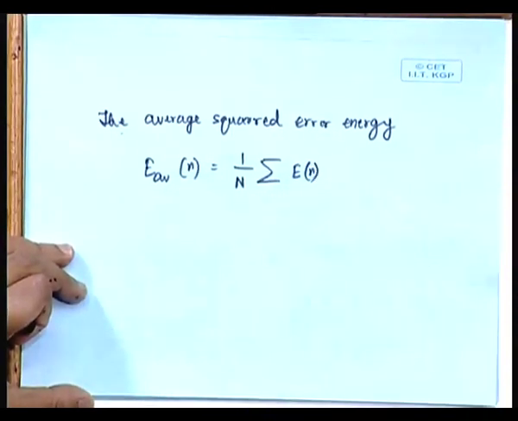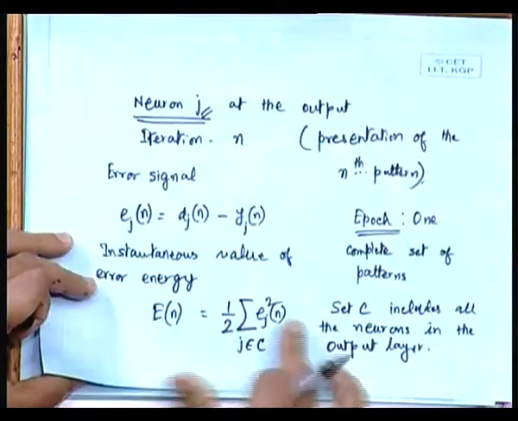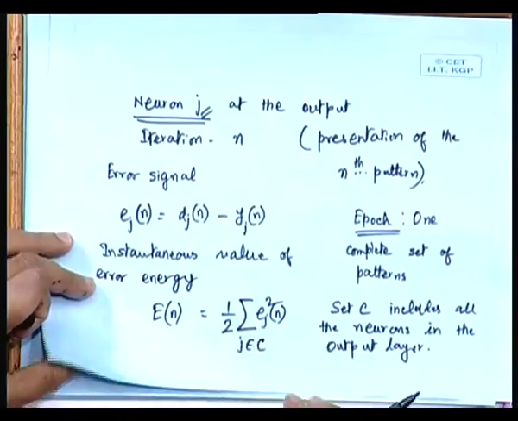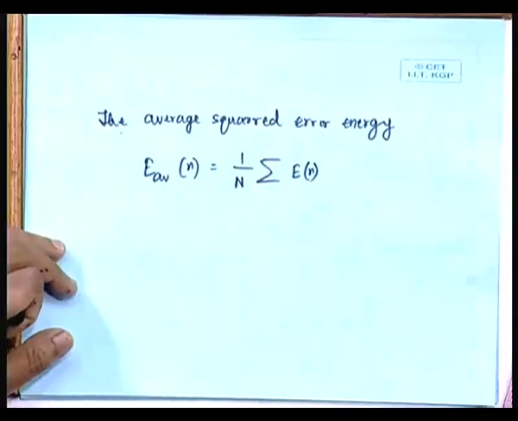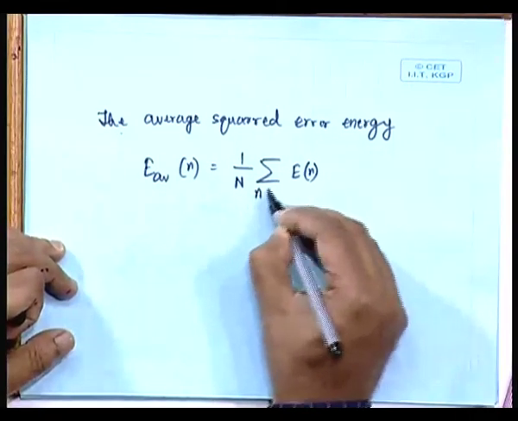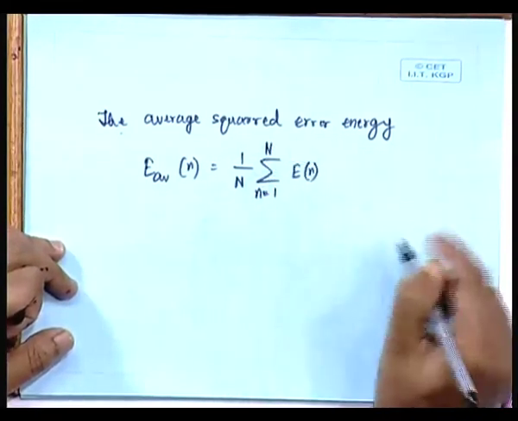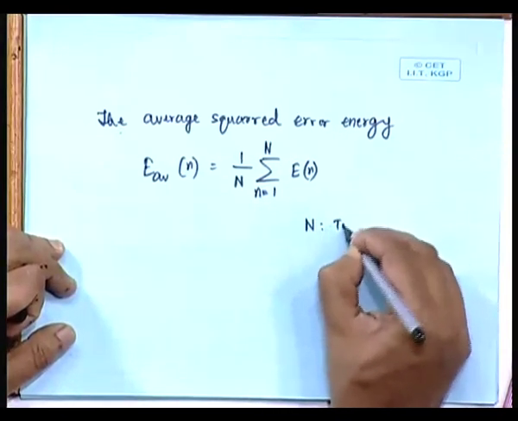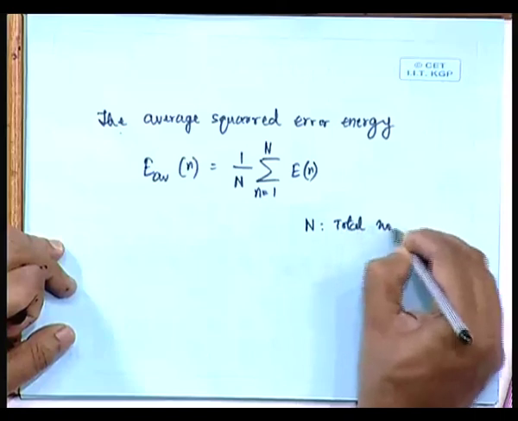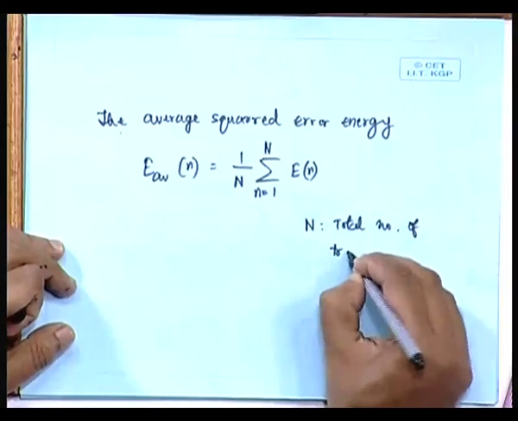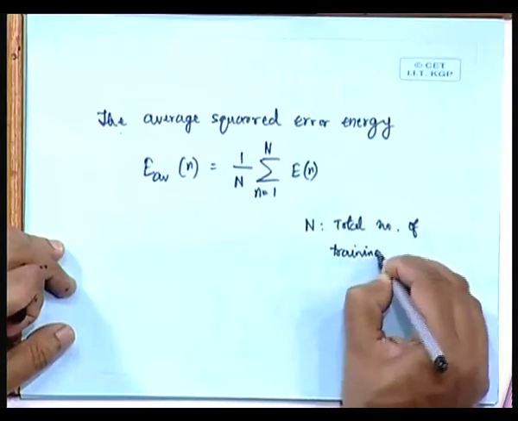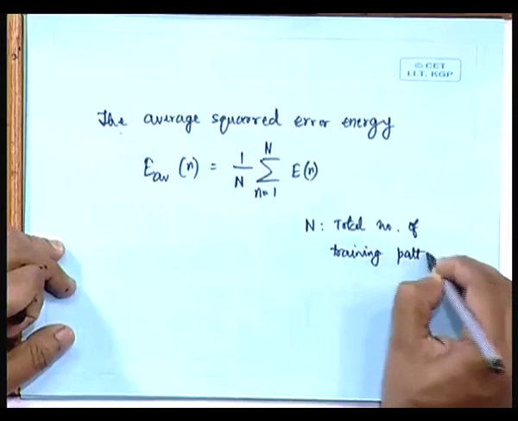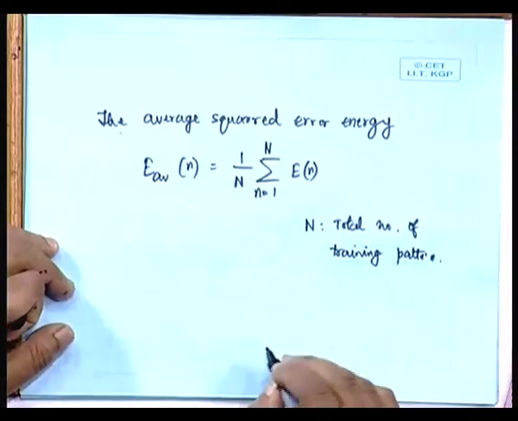E n is what I have defined just now, the instantaneous value. So if this instantaneous value of the error I sum up for n equal to 1 to capital N, where capital N is the total number of training patterns, that composes one epoch.